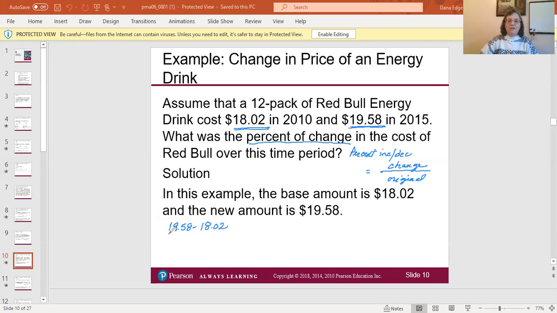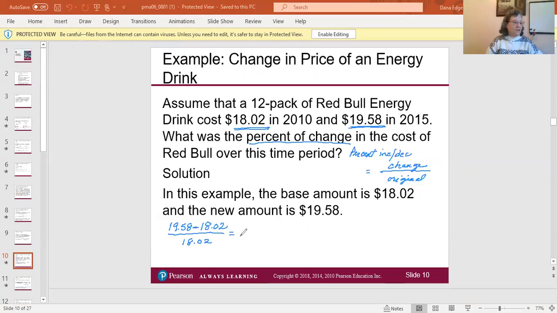And in this case, we can always subtract, saying the larger number minus the smaller. We will give it a sign by calling it an increase or a decrease. So you can't mess this up. The only thing we need to worry about is which number to divide by. And that, of course, we've already decided in this case is the 18.02.